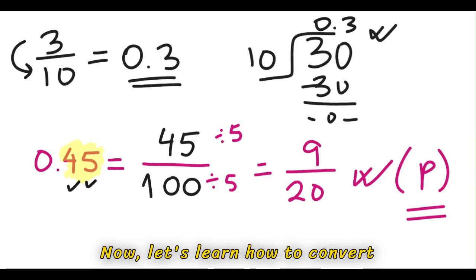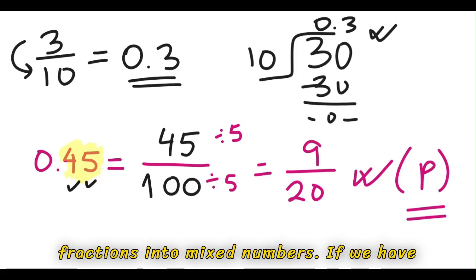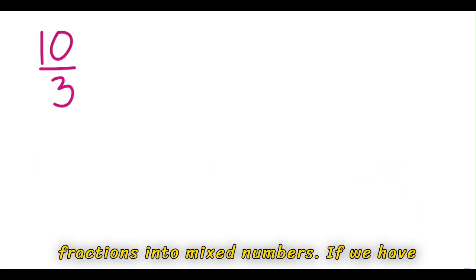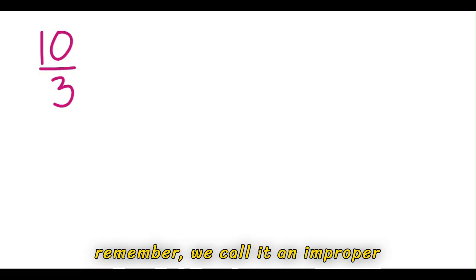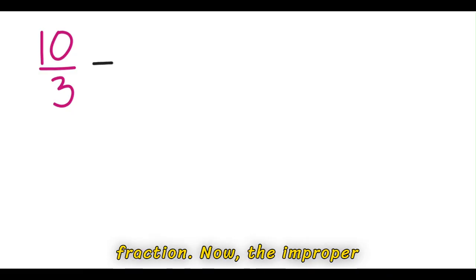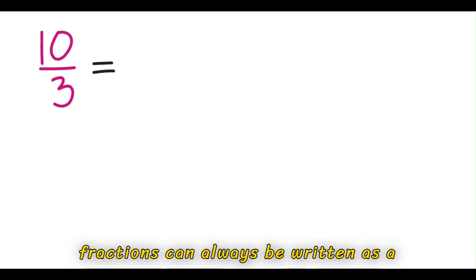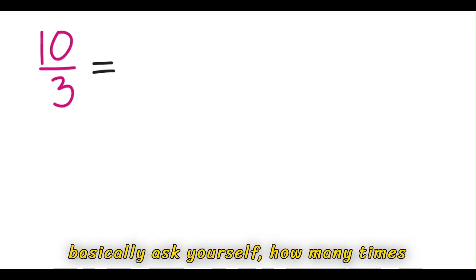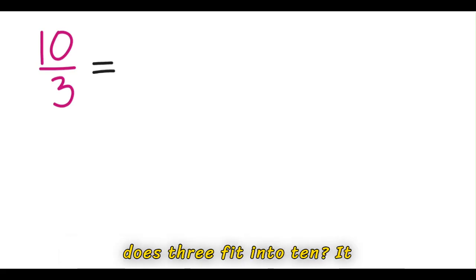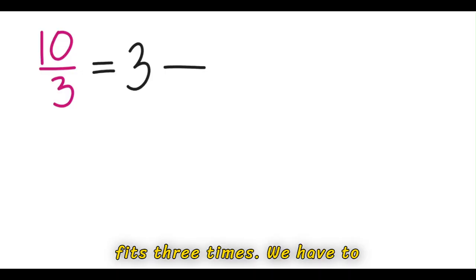Now, let's learn how to convert fractions into mixed numbers. If we have a fraction, for example, 10 over 3, remember, we call it an improper fraction. Now, improper fractions can always be written as mixed numbers. What does that mean? You basically ask yourself, how many times does 3 fit into 10? It fits 3 times.